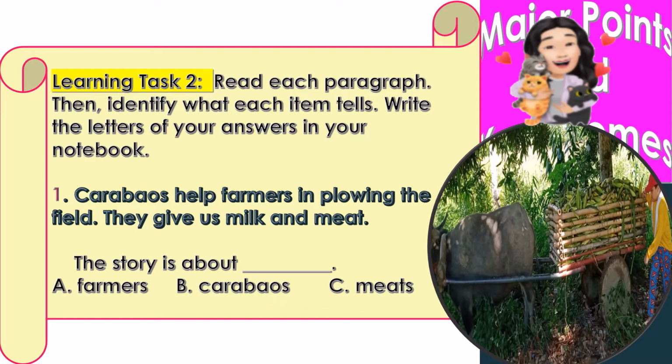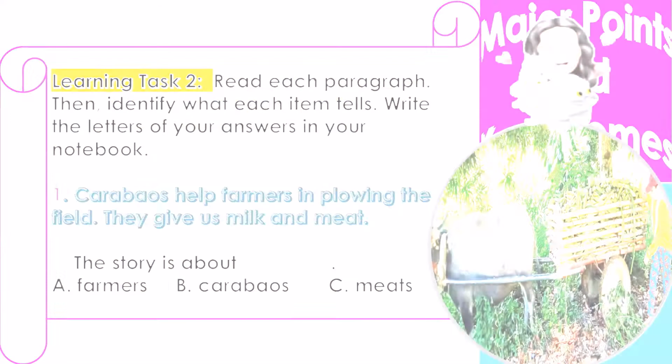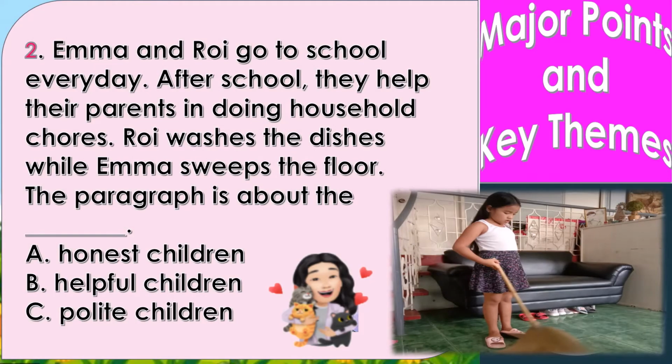C. Meats. Number 2. Emma and Roy go to school every day. After school, they help their parents in doing household chores. Roy washes the dishes while Emma sweeps the floor. The paragraph is about the blank. A. Honest children. B. Helpful children. And letter C. Polite children.